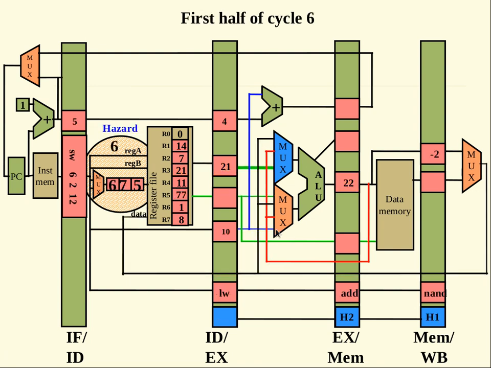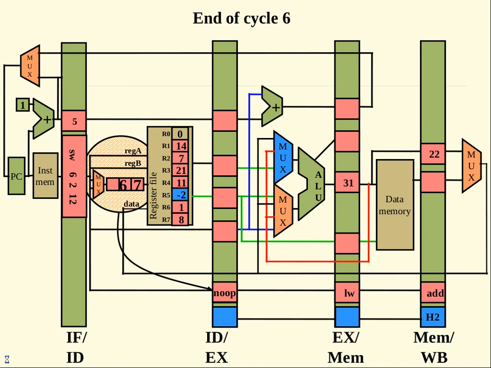No hazards. Let's see, we're going to do the load word. And remember, it's a load hazard. And since it's a load hazard, that means we need to stall for 1 cycle. So you're still going to disable the IFID pipeline registers and the PC counter so that a no-op gets passed through for that one.